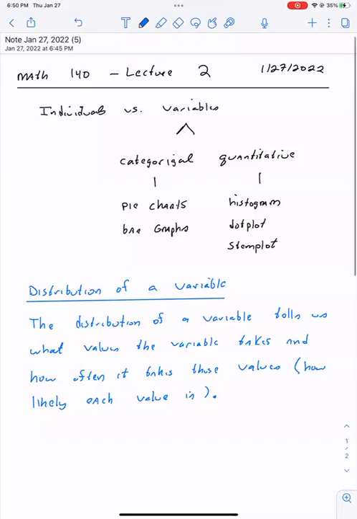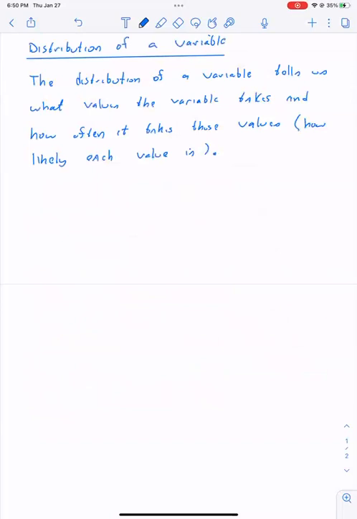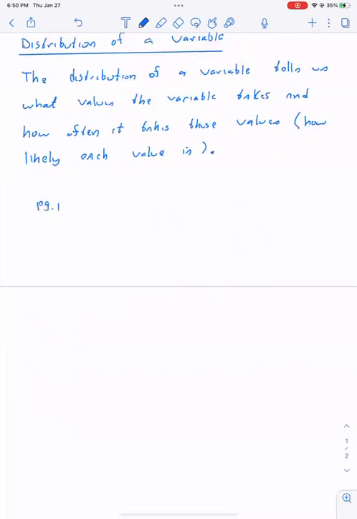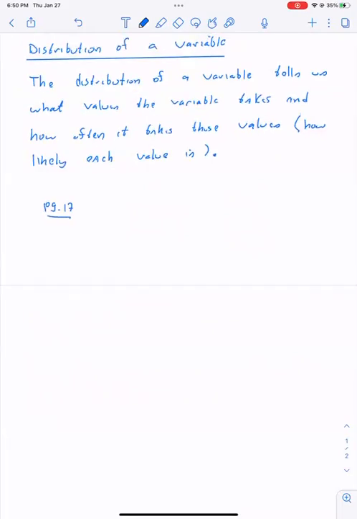Okay, so in the book, and for some reason I'm having difficulty sharing my screen on my computer, but for later, on page 17, there's an example of data taken from 1.5 million full-time first-year students enrolled in colleges and universities in 2011. The question of interest for this particular survey was the field of study.